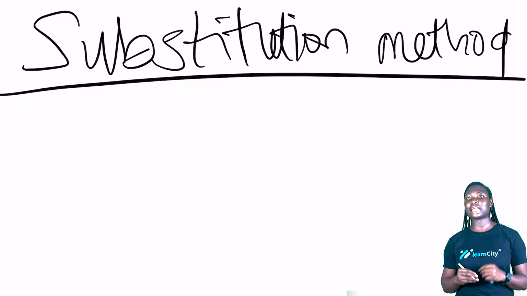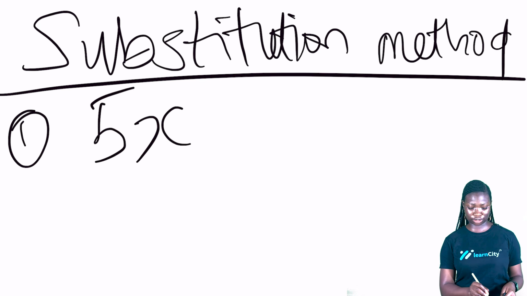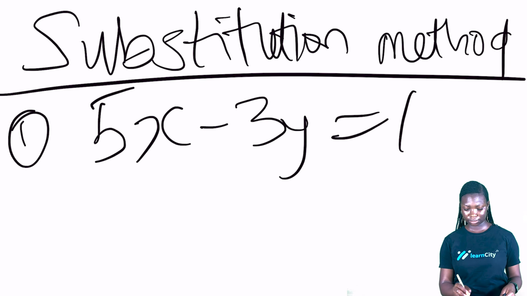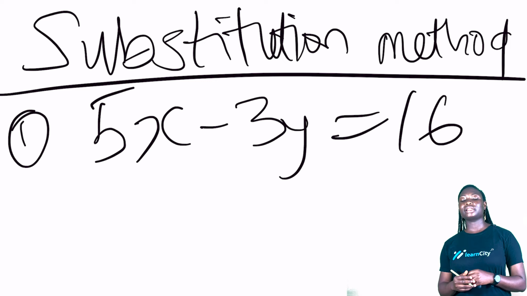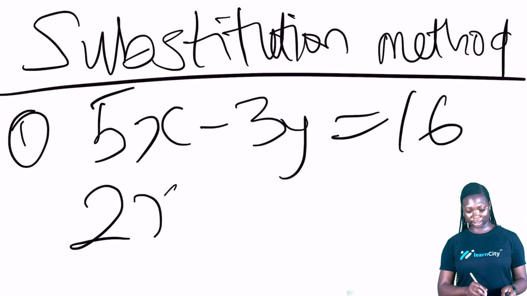Now, our first example today is 5x minus 3y equals 16 and 2x plus 4y equals minus 6.